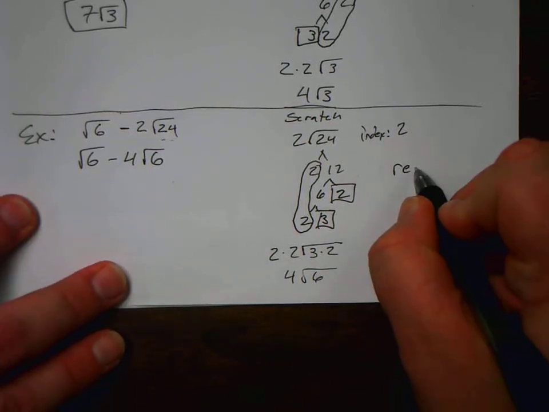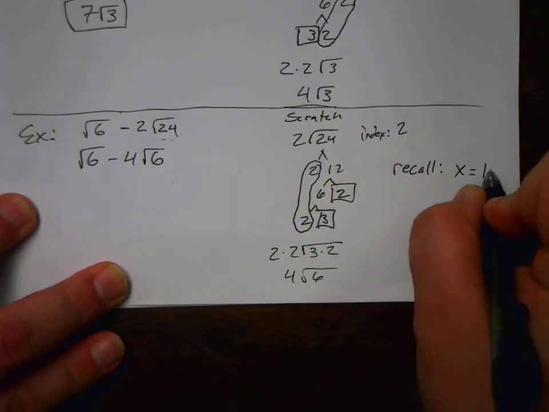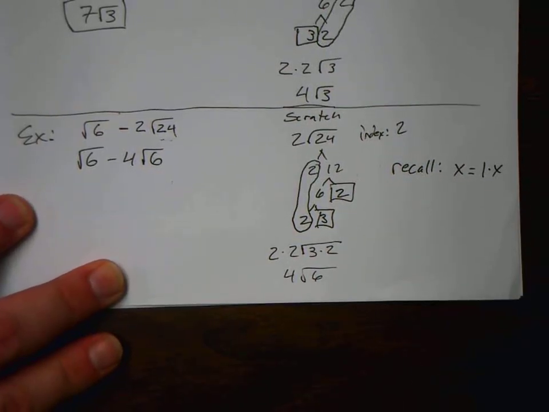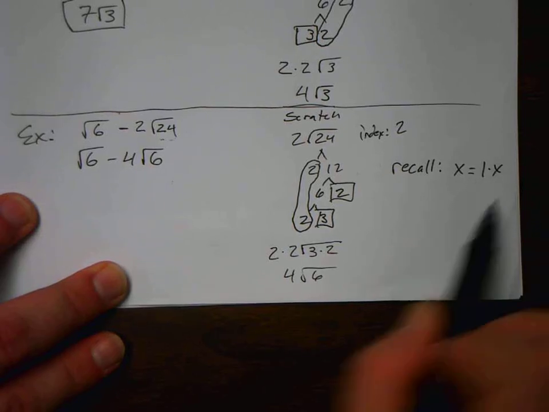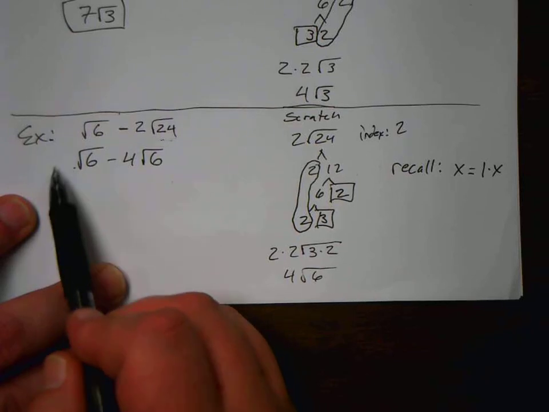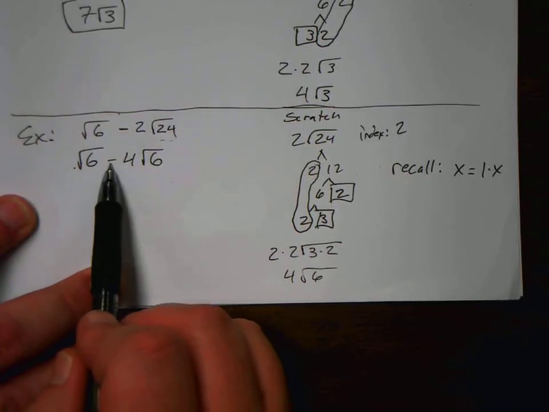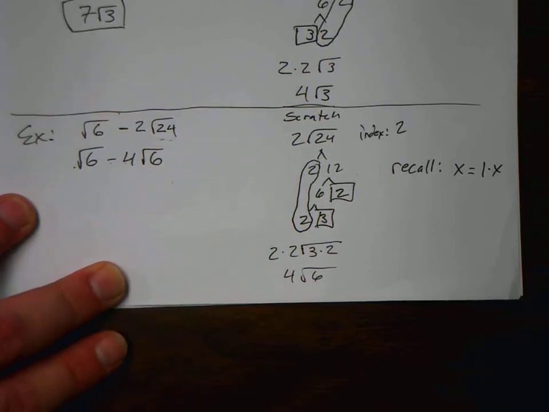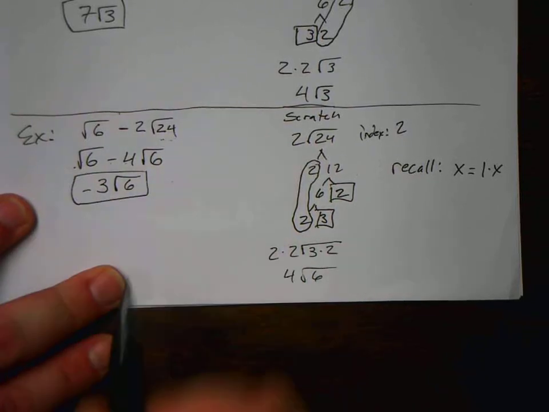So recall, x is the same thing as 1x, right? If there's nothing in front of x, we know that there's a hidden 1 there. Same thing with this. There's nothing in front of the square root of 6, so I understand it to be 1. So 1 square root of 6 minus 4 square roots of 6. Well, 1 minus 4 leaves me with negative 3 square roots of 6.